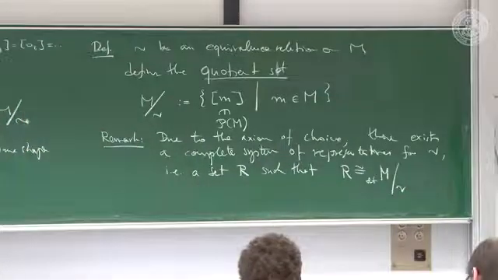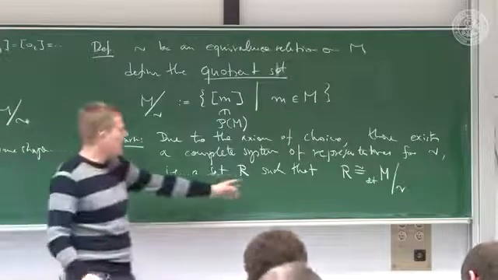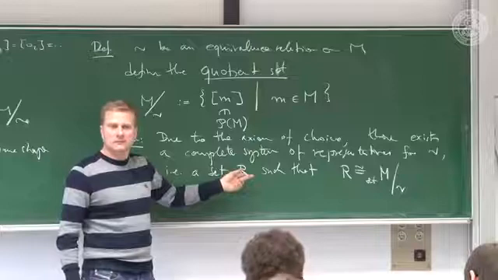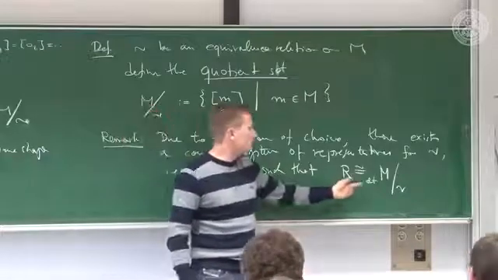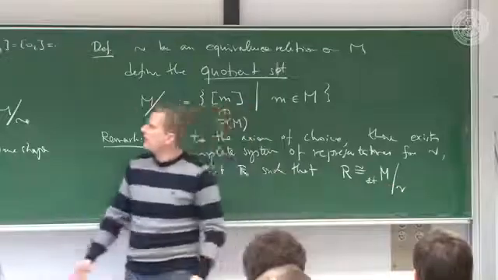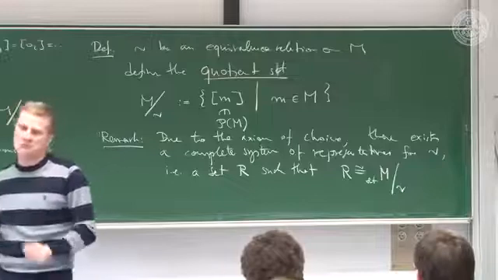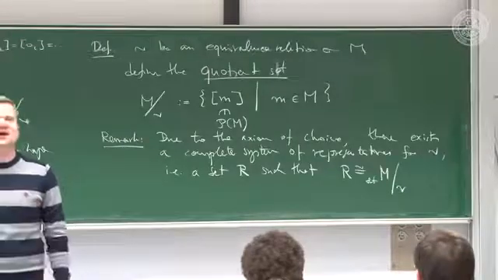Namely, you pick from each class one element and put it into the set R. And then obviously you represent every single class. How do you pick? Which element do you pick from which equivalence class? Don't know. That's dark.